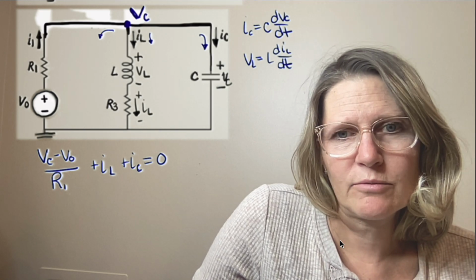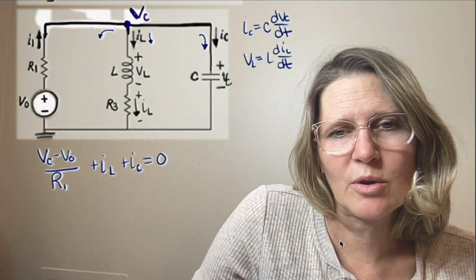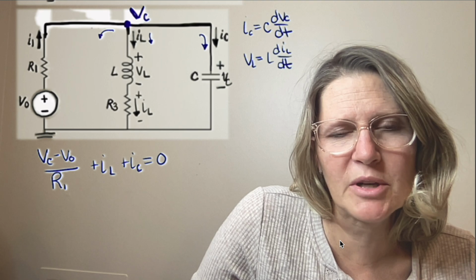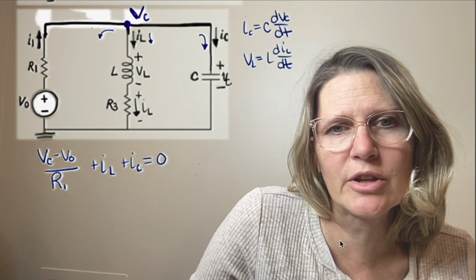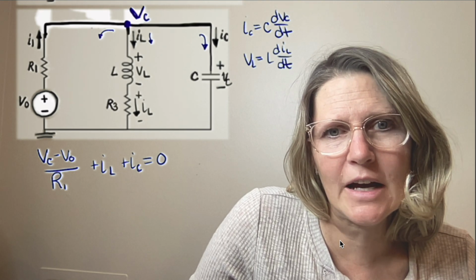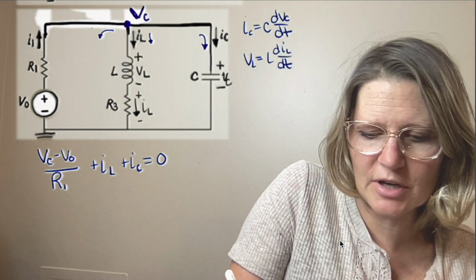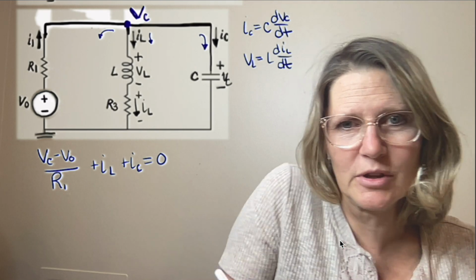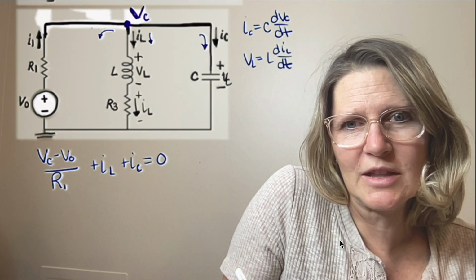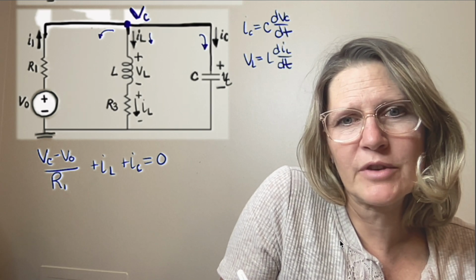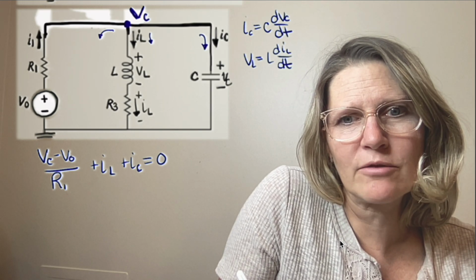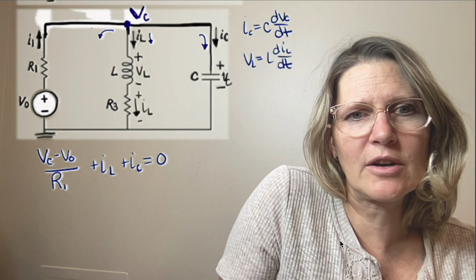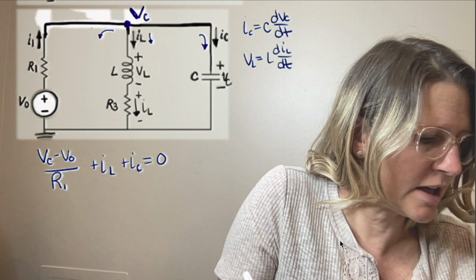IC I can immediately substitute in, and so I'm going to have an equation with VC and dVC dt in it. But to get IL from this, the only way would be to integrate, which is not going to be helpful. Same thing for VC itself. If I try to write VC, I'm going to have an integral. So I want to see, is there another equation that I can get here?